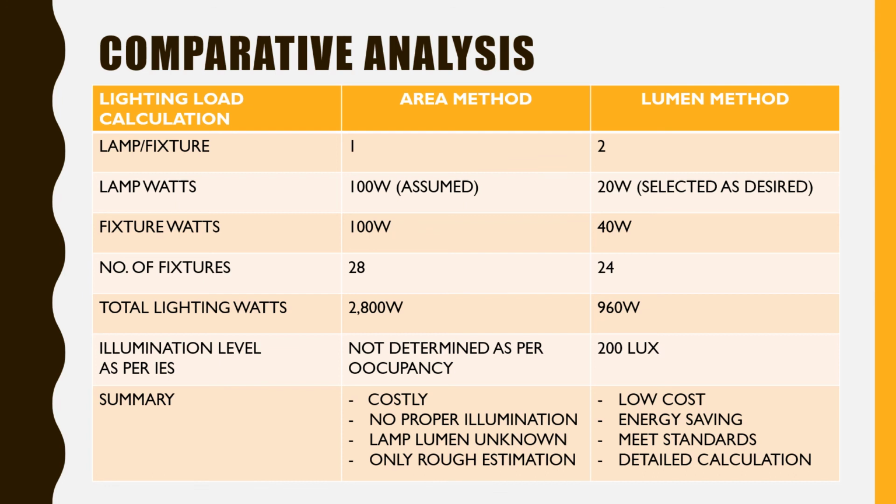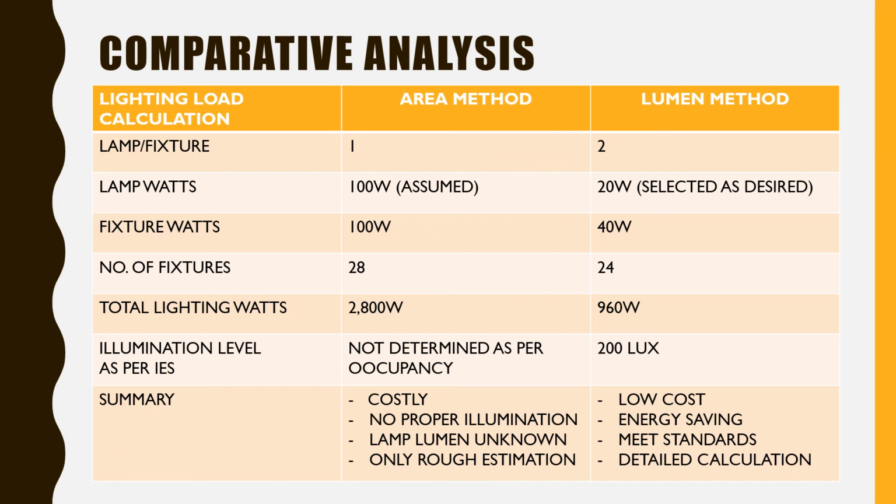So lamp watts: in the area method, we assume 100 watts, but here in the lumen method, we selected 20 watts only, as I desired. So fixture watts here is 100 watts, but in the lumen method, it is only 40 watts. So big difference.